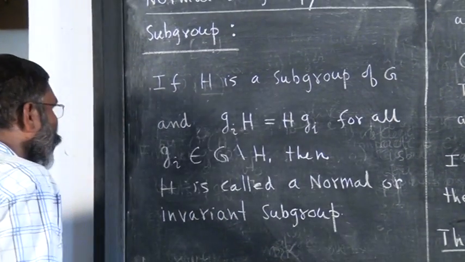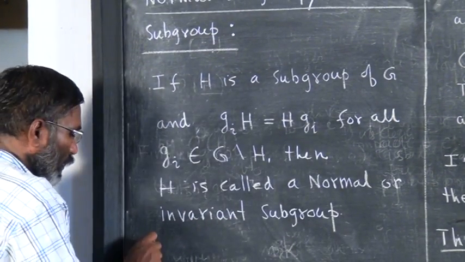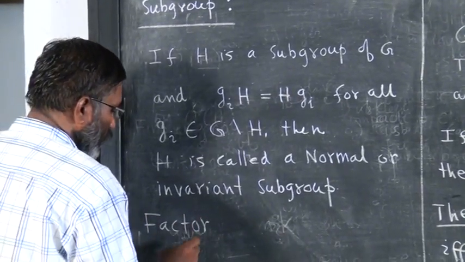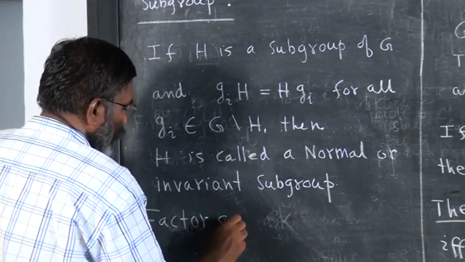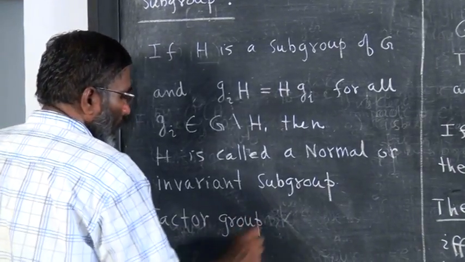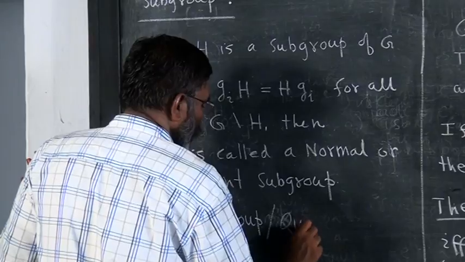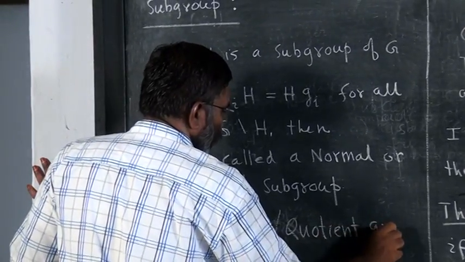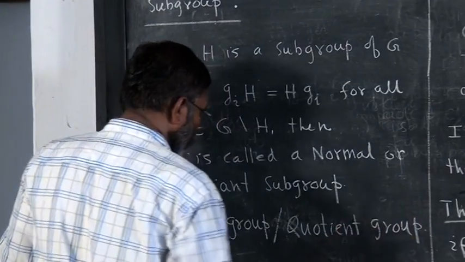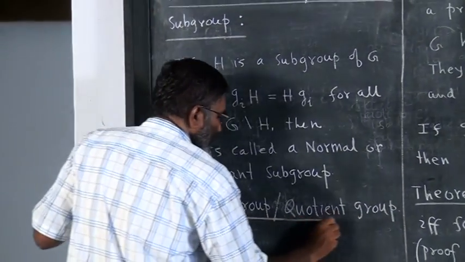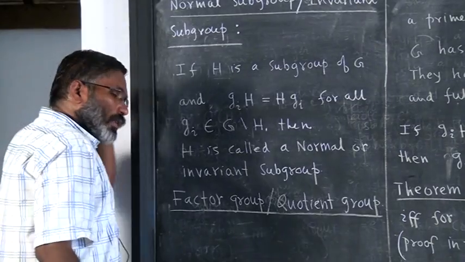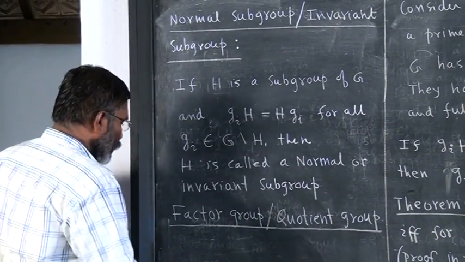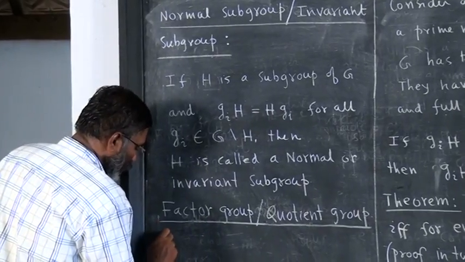Further, we can define what is called a factor group or a quotient group. This can be defined for normal subgroups.